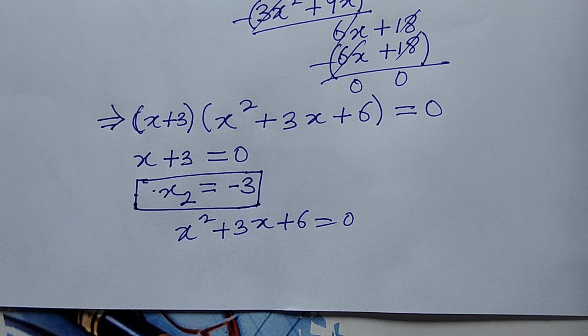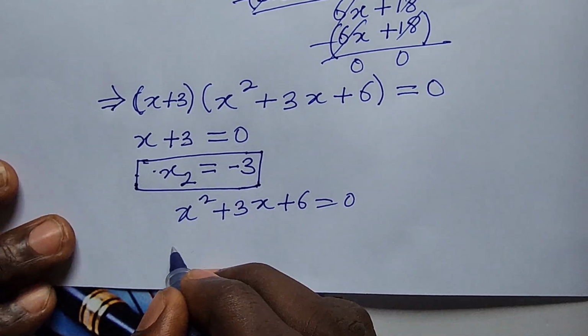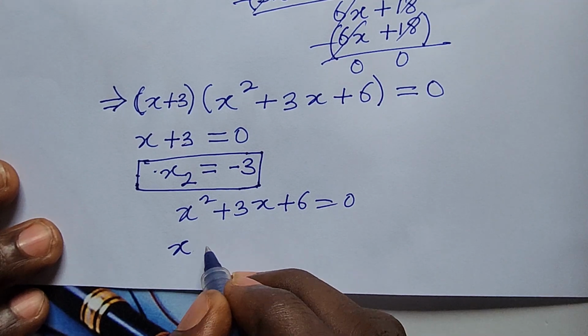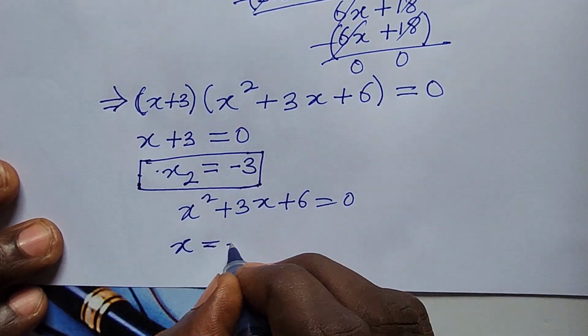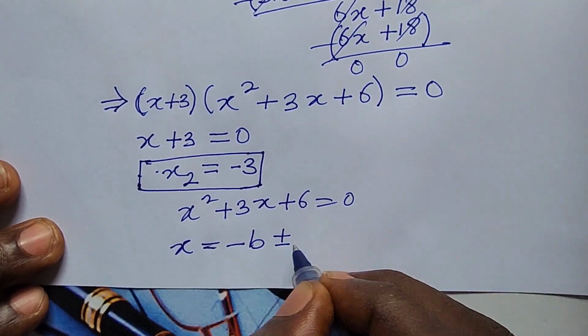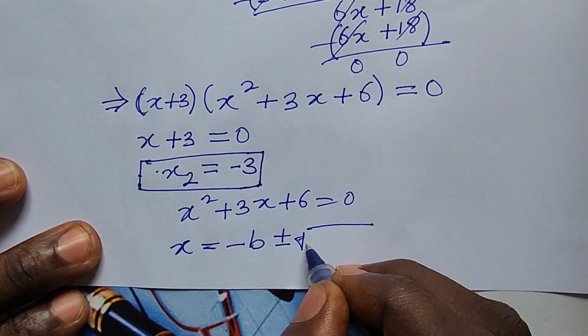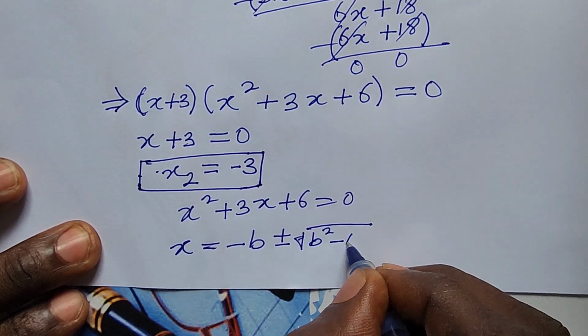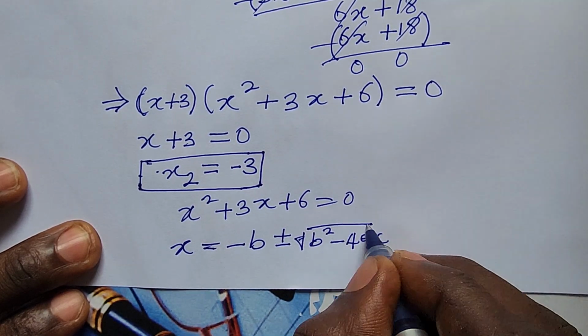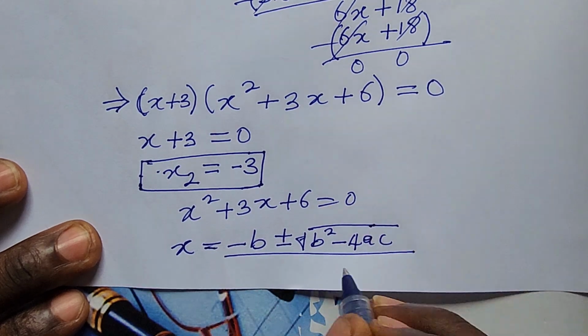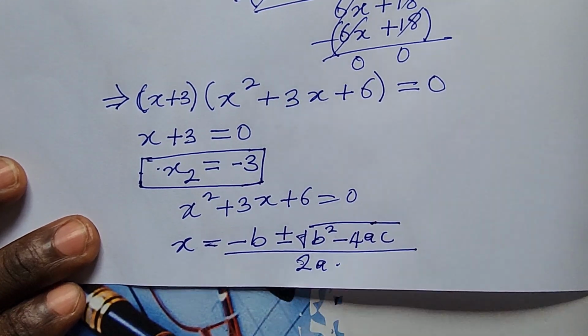We cannot use the factorization method here. So let's use the quadratic formula. So this now implies that our x will be equal to minus b plus or minus the square root of b squared minus 4ac, all over 2a.